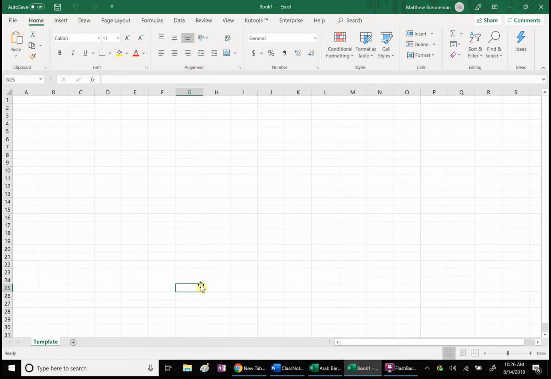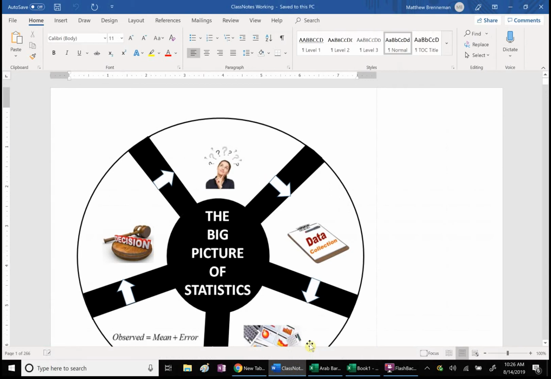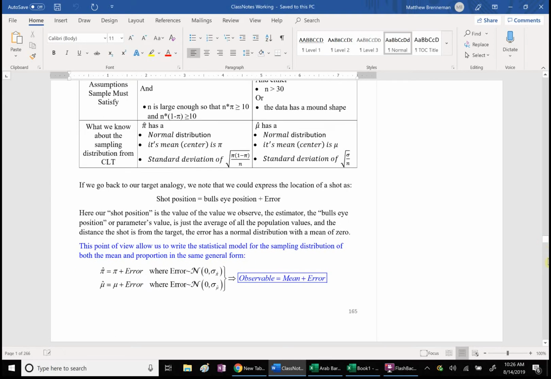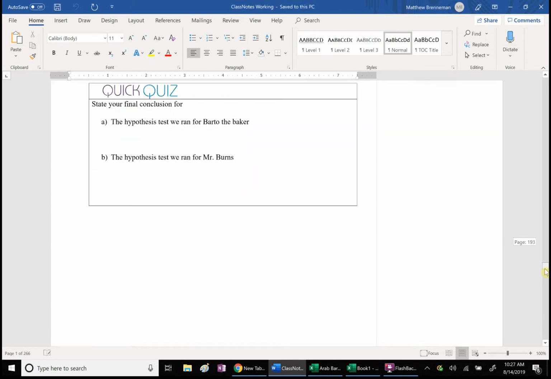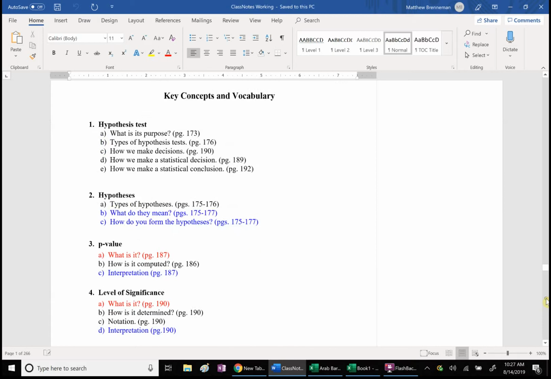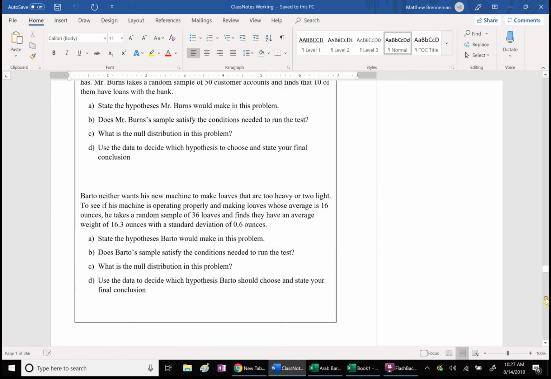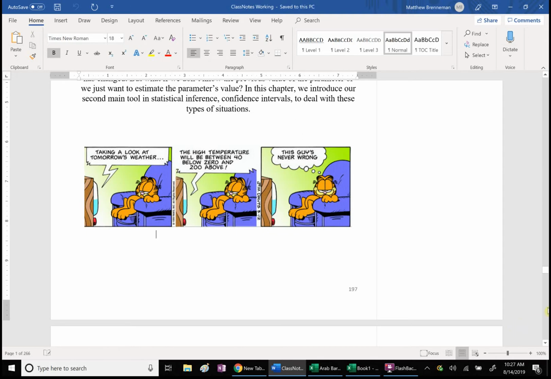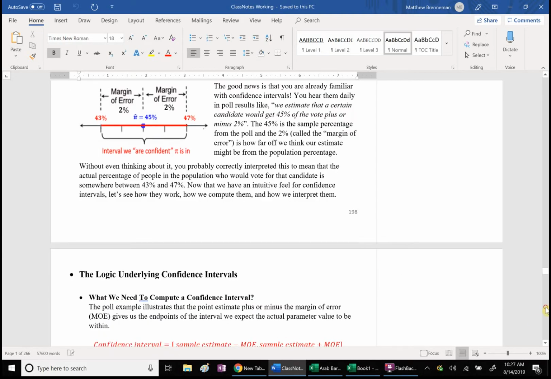So let's see what we need to compute a confidence interval for a population proportion. I'm going to scroll down here to chapter 10. If we recall, the formula for the confidence interval is the point estimate, which here will be our sample proportion, plus or minus the margin of error.